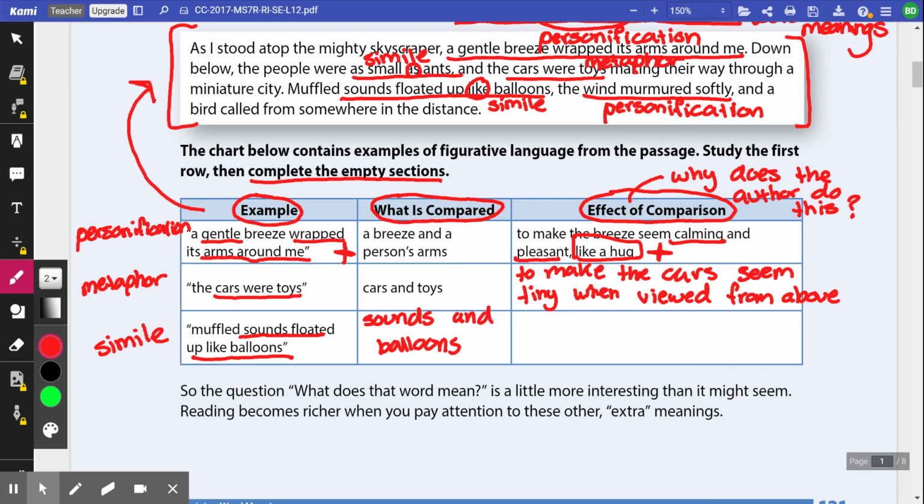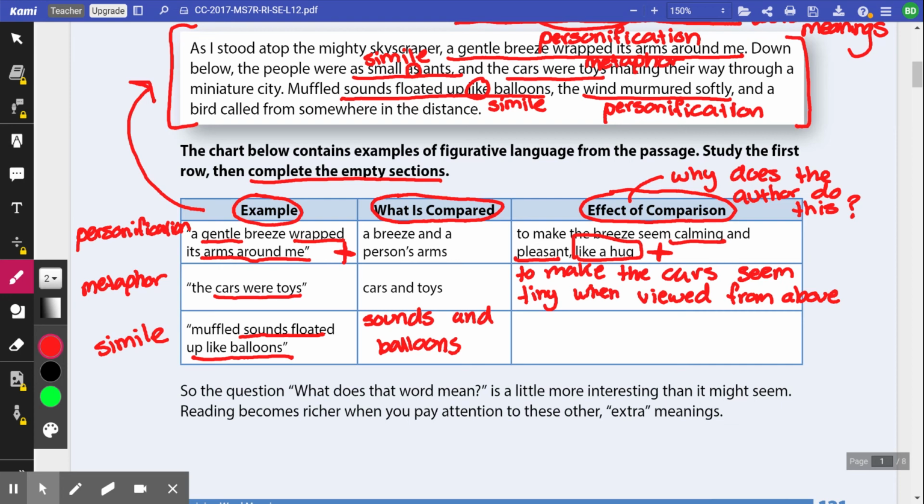They're very light, airy. They're going to float if you fill them up with helium. You have to be careful with balloons because they can pop, right? So if the sounds are like balloons lifting up in the air, maybe the sounds are quiet, soft, or delicate.